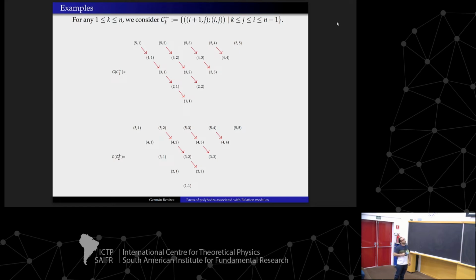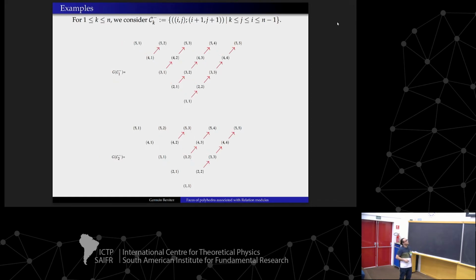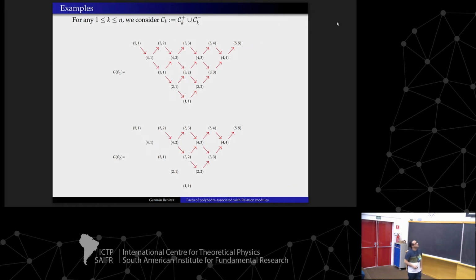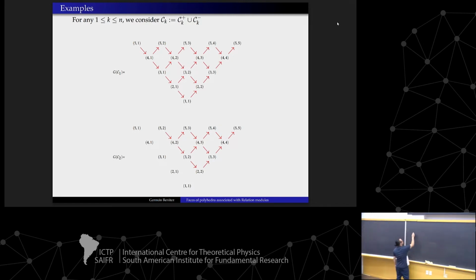In particular, this one is the set of relations for generic Verma modules. The dual, R_K minus, the union of those sets of relations, is the standard set of relations for standard Gelfand-Tsetlin modules. And this one is associated to cospiral modules for GL_N. We will work in the category of GL_N modules.